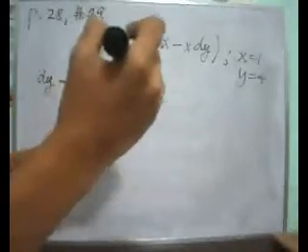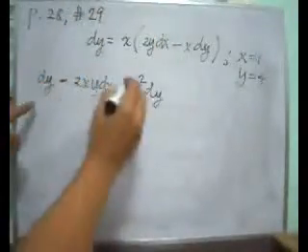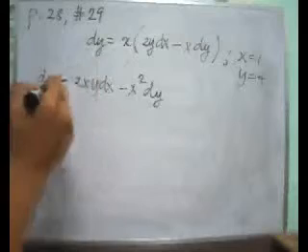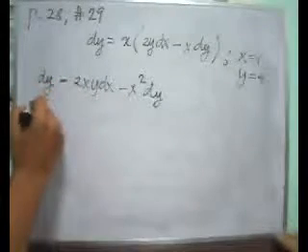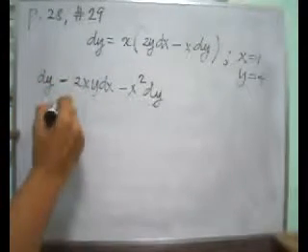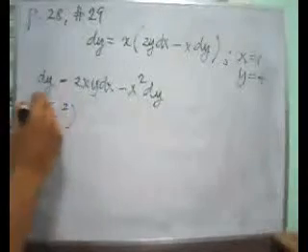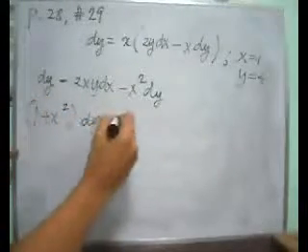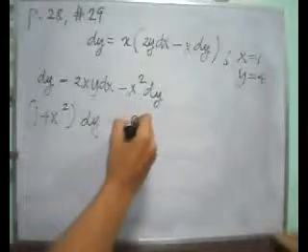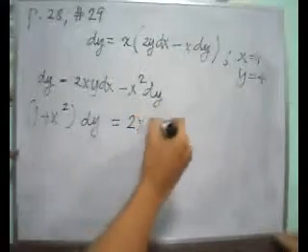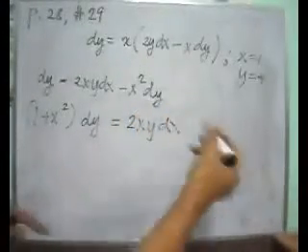Now grouping, we transpose this dy into the left hand side, so we have 1 plus x squared dy equals 2xy dx.